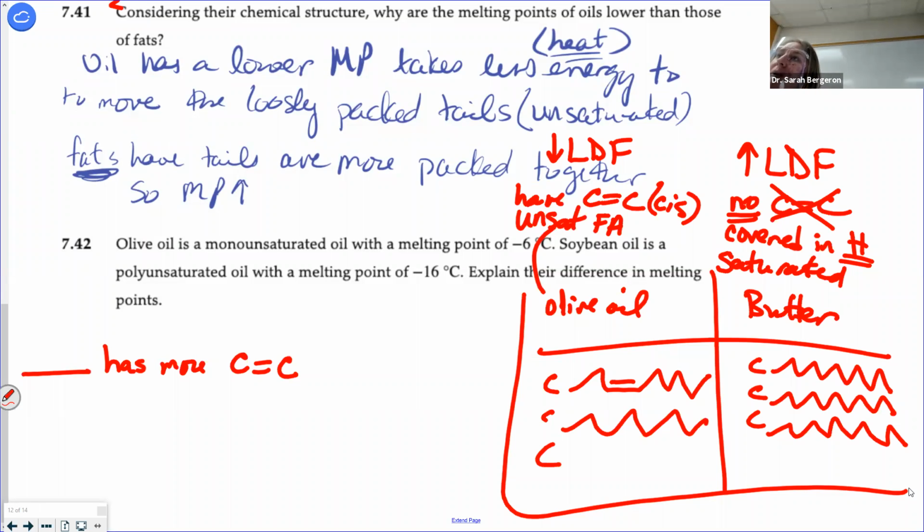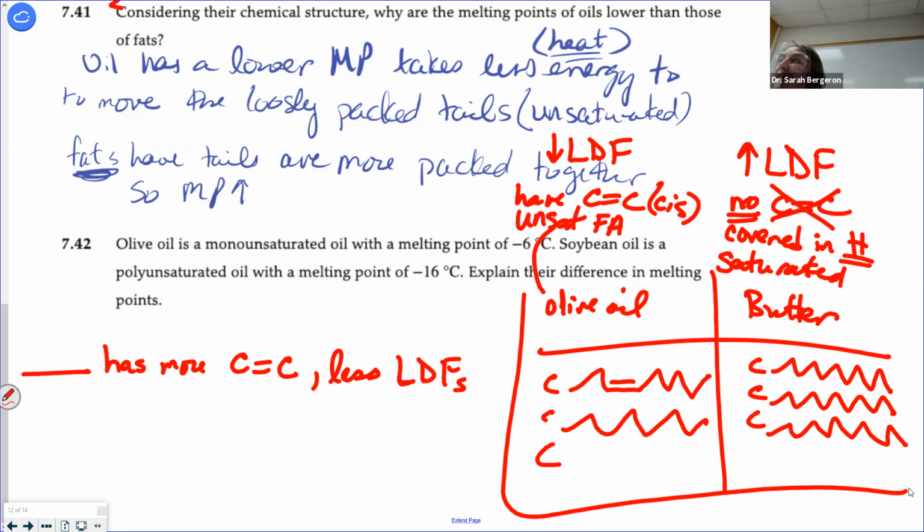The more carbon-carbon double bonds, do you have more London dispersion or less? You have less London dispersion forces, LDFs.